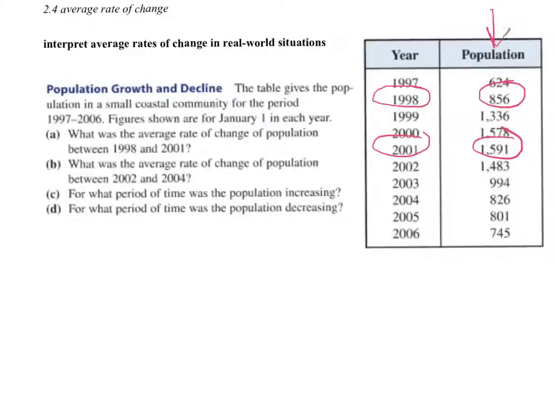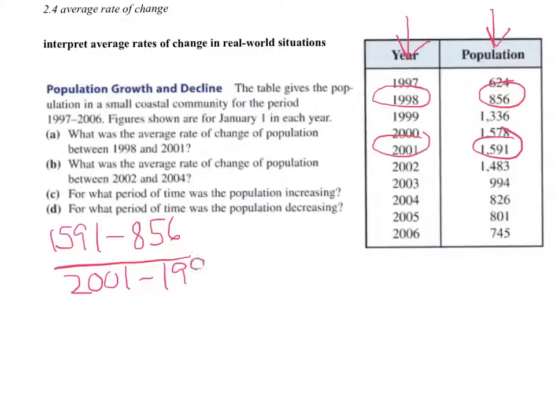These are the function values, the y's, if you will, and these are the x's. And so we'll have 1,591 minus 856, the difference of the y's, divided by the difference of the x's, 2001 minus 1998. So that's just some arithmetic you can do.